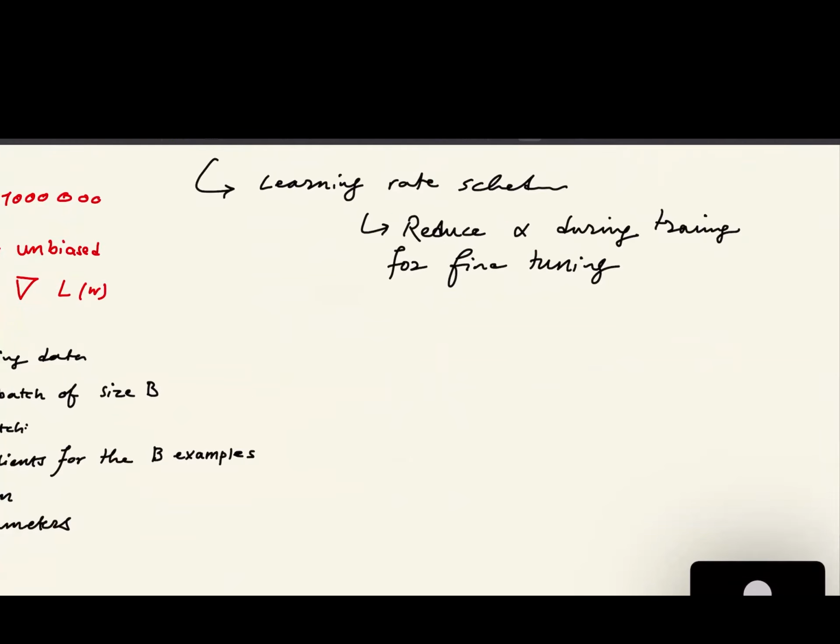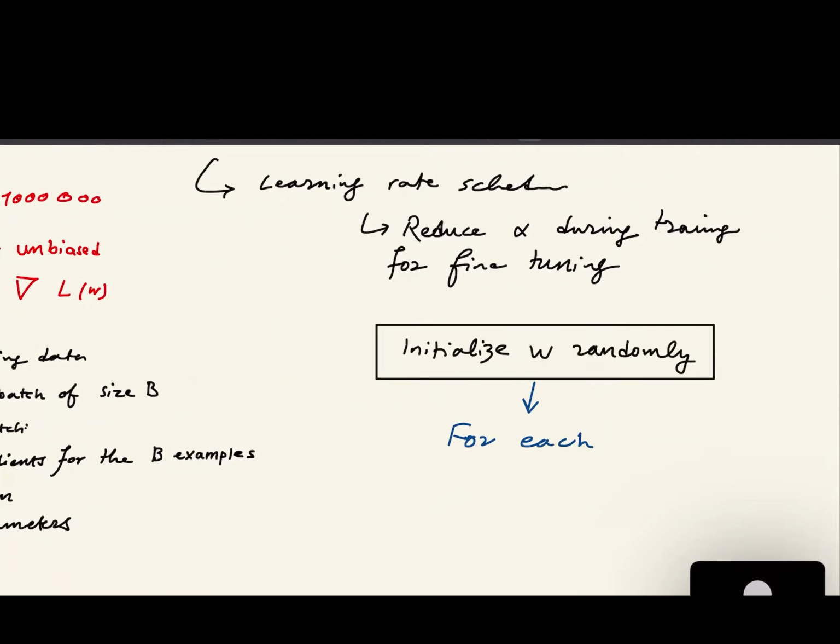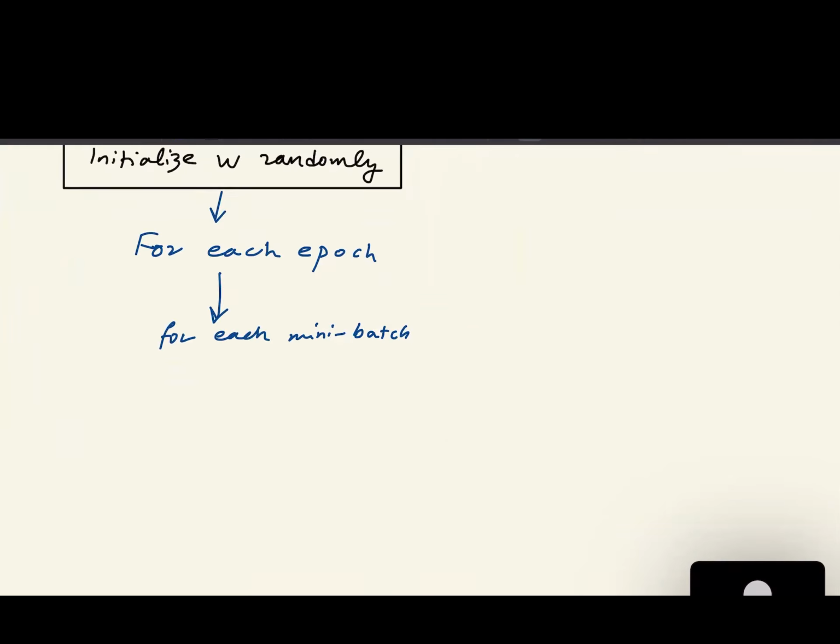So if we want to give a summary of this section, we start from some W. Most of the time we start from random values for W. Then for each epoch, we look at the data and extract a mini batch. For each one of these mini batches, we calculate the loss, and this is known as the forward pass. This gives us the loss.